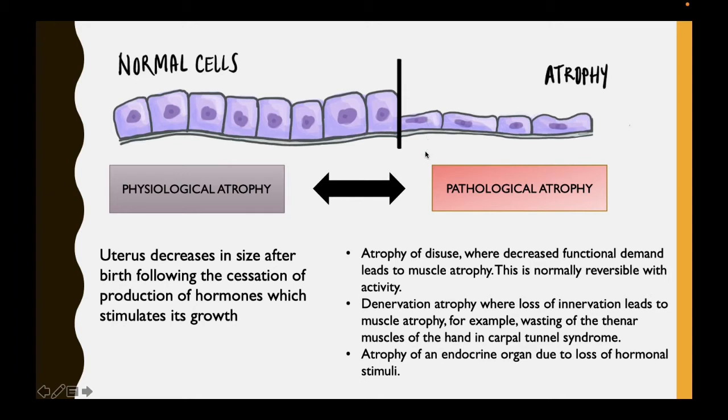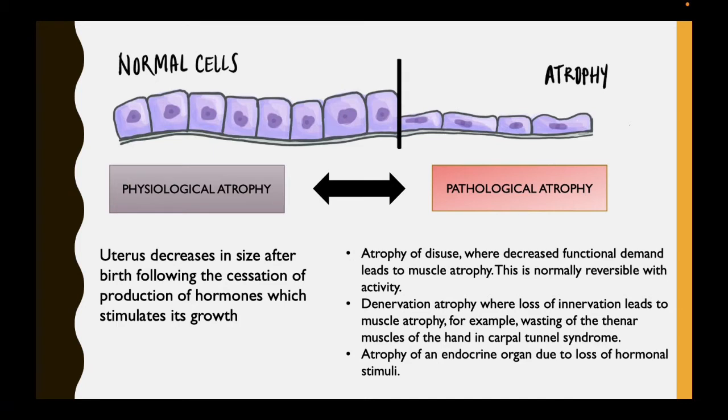So now we can usually divide atrophy into physiological atrophy and pathological atrophy. In the case of physiological atrophy, the example that we can take is the uterus decreasing in size after birth following the cessation of production of hormones which stimulate its growth. Like I mentioned in the previous slides, the increase in the number of epithelial cells during pregnancy is essential in order to support the fetus.